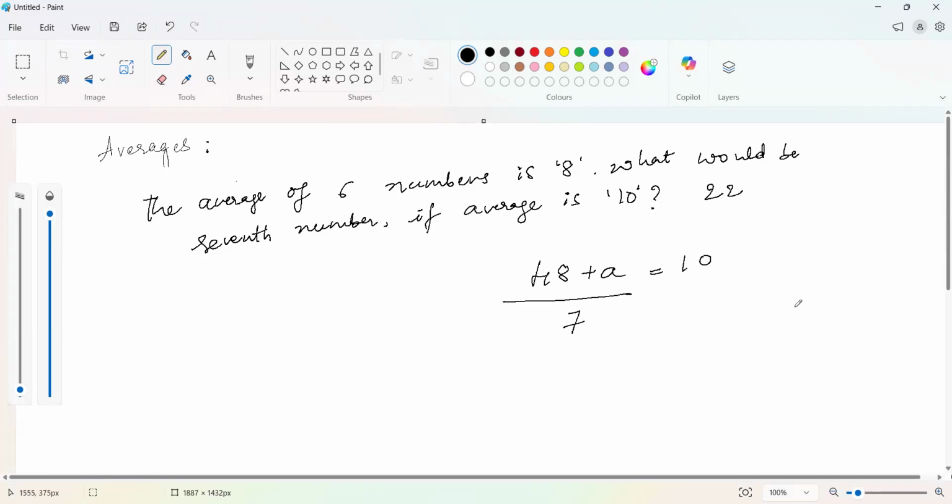You just need to cross multiply and then do the subtraction. Yes, you're getting it? Correct.